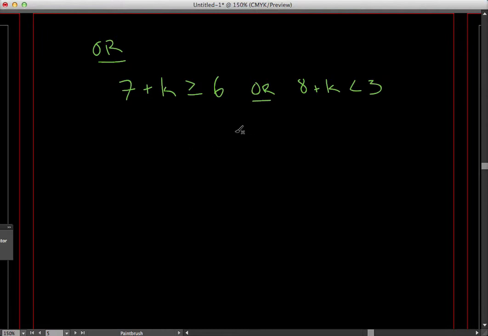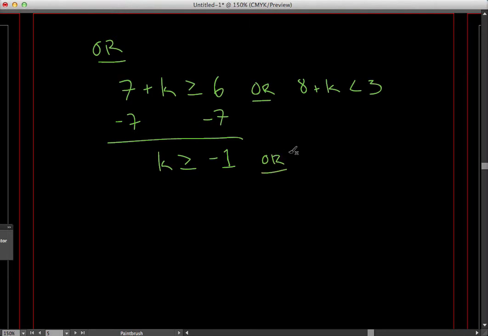All right, so the first thing that we're going to have to do is simplify these inequalities. Well, that's easy enough. Let's just bring this 7 to the other side. And we're left with k is greater than or equal to -1.